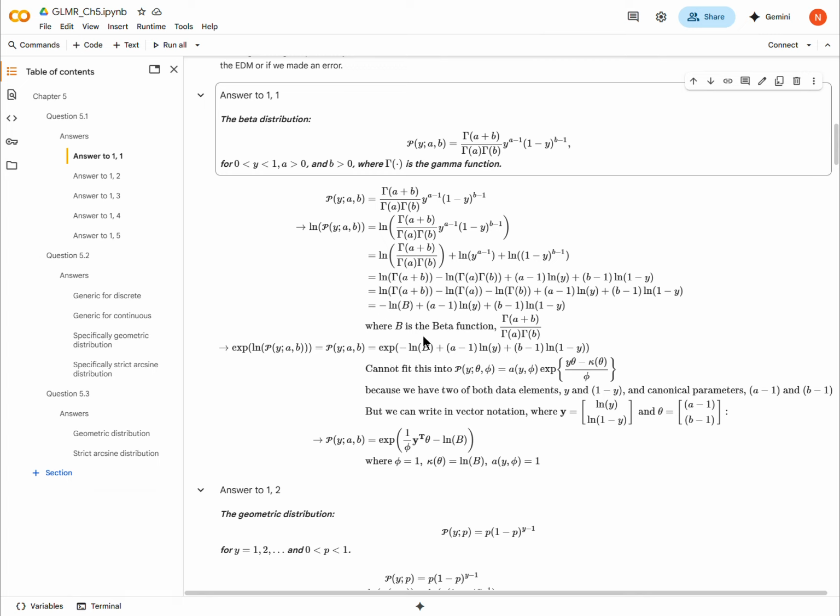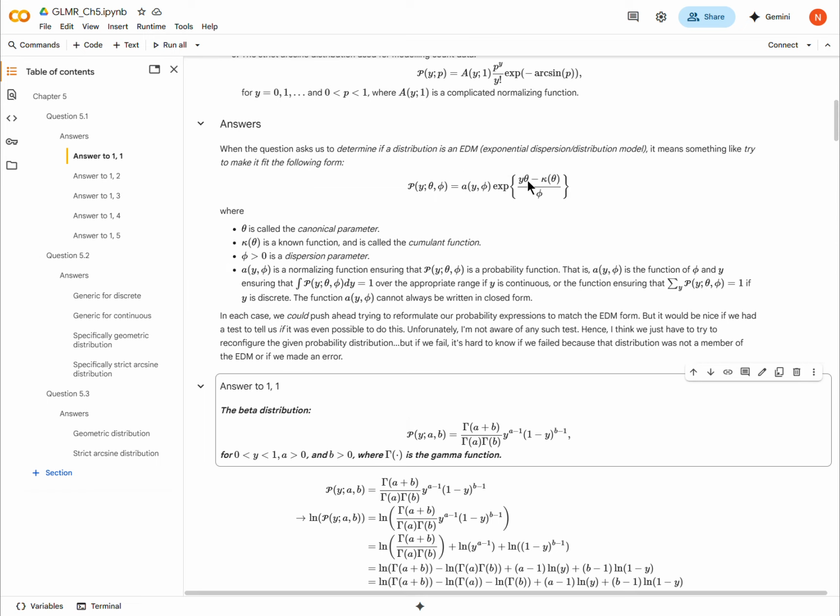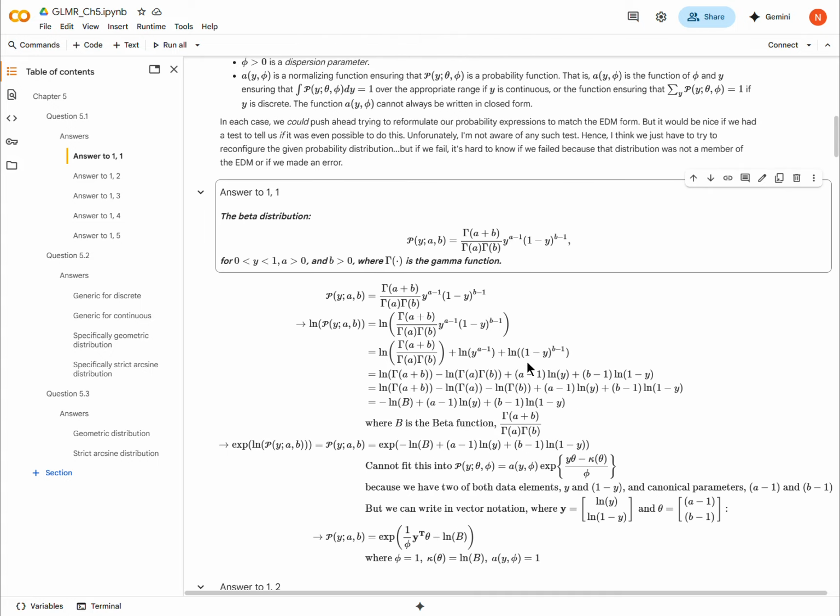And roughly the steps that I end up following throughout all of these is to take the log of the probability distribution, try to push the terms around until I get to something that I'm either reasonably convinced cannot be put into the EDM form, or it can be put into the EDM form.